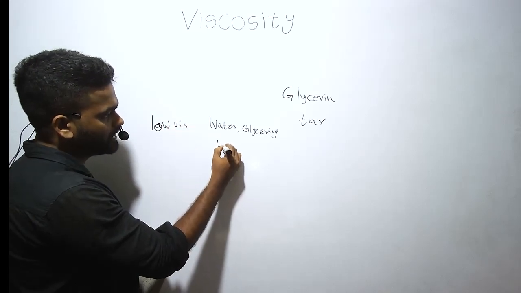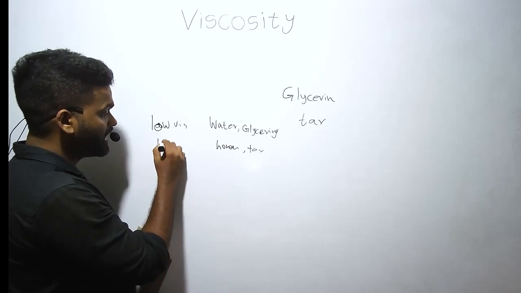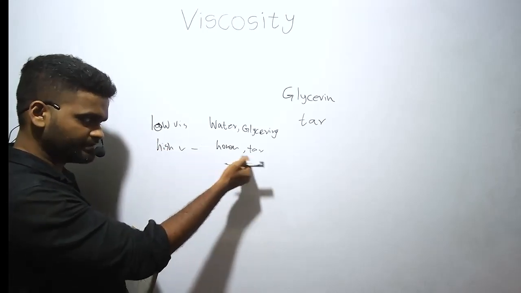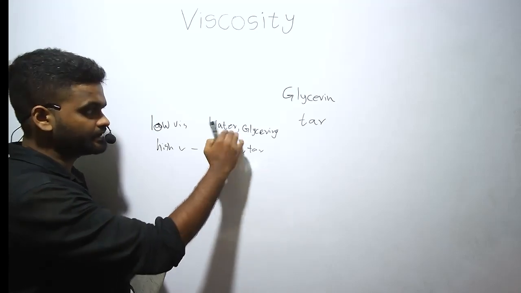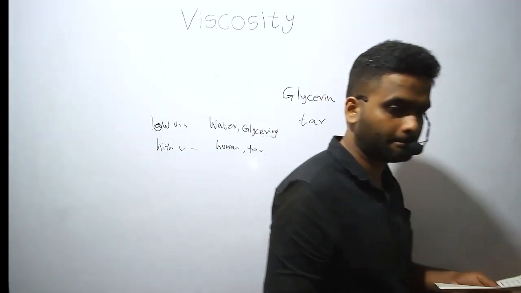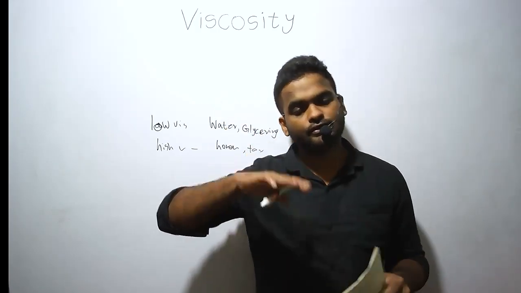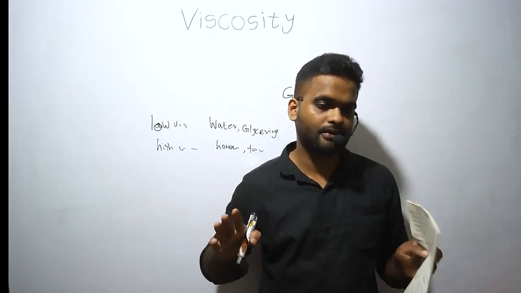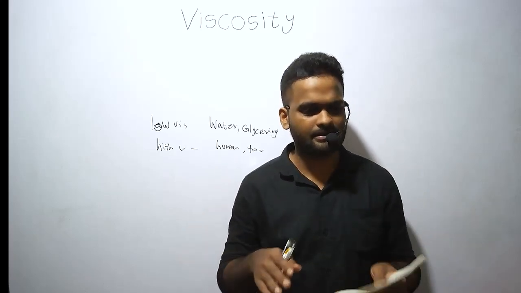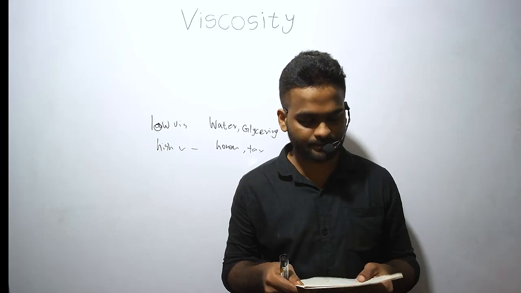Then honey and tar have high viscosity, right? So these are hard to flow. These can easily flow. So that is the basic idea of viscosity, right? Now I think you have a rough idea of viscosity now, right?